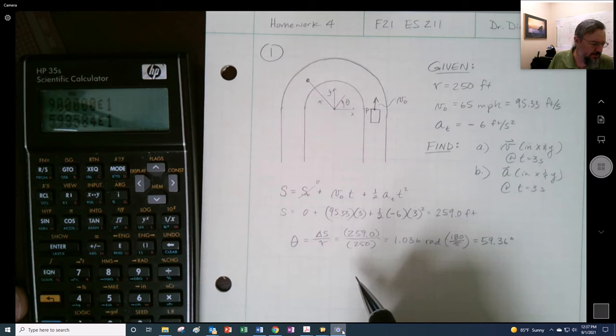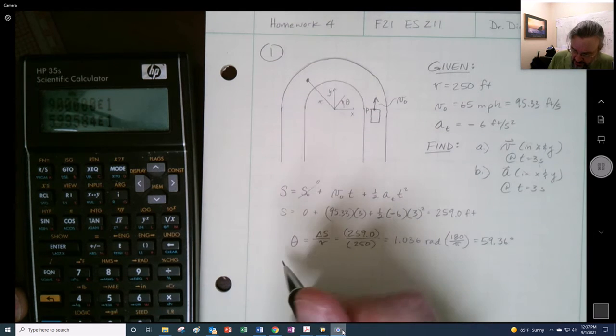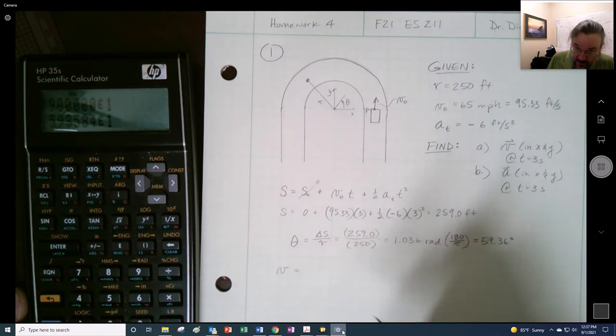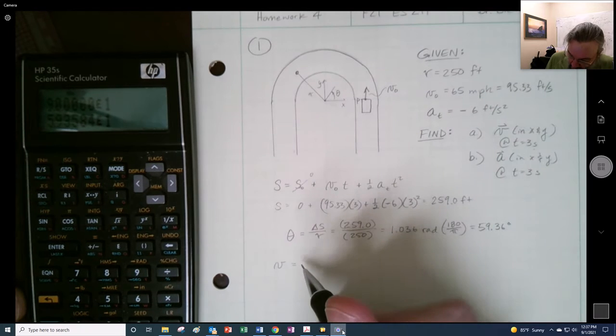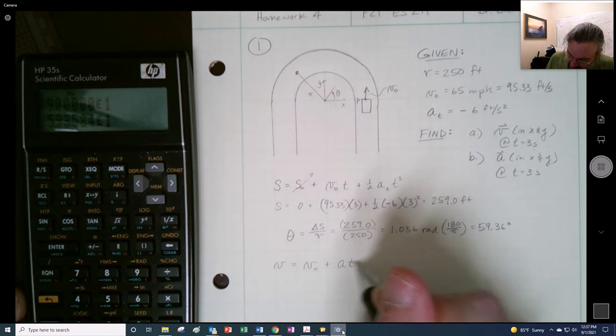What else do we want to do? Well, we can figure out what the velocity is going to be at that time, and that's actually pretty easy. The speed is going to be equal to the original velocity plus the acceleration times the time.